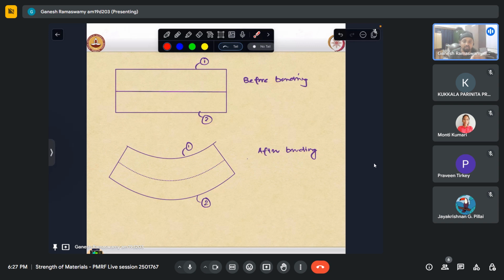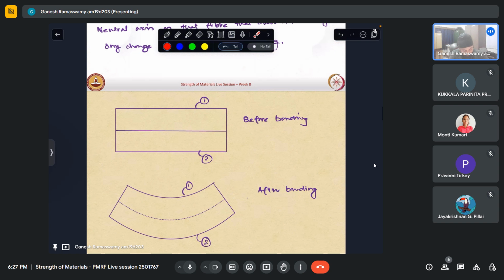Wherever shear is absent, our analysis is exact, and this arc would actually be a circle in such a case, which means if I were to connect, it will connect at one point where the entire beam will have a common curvature. I hope that is clear. So this is what the neutral axis is.